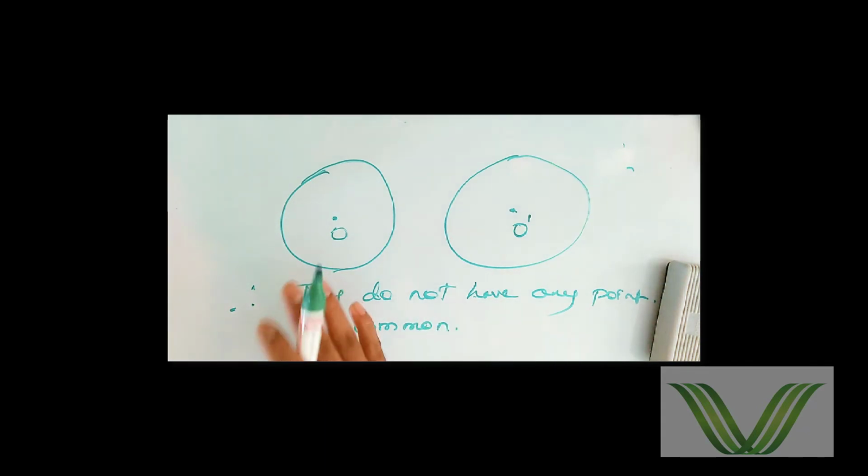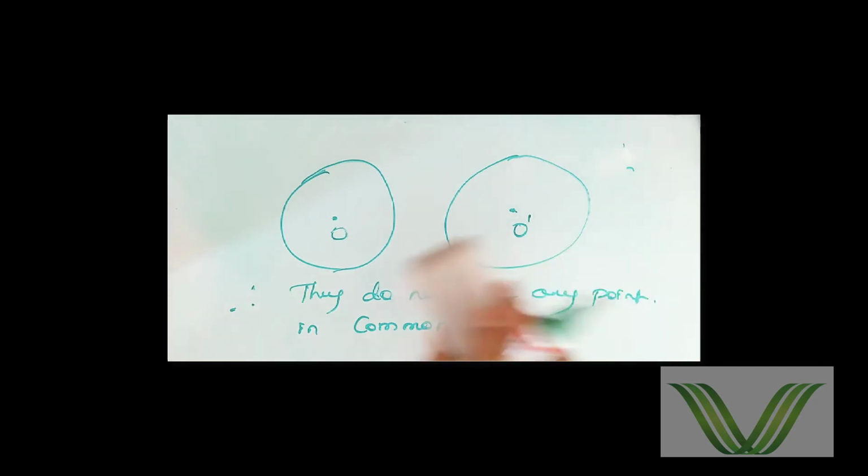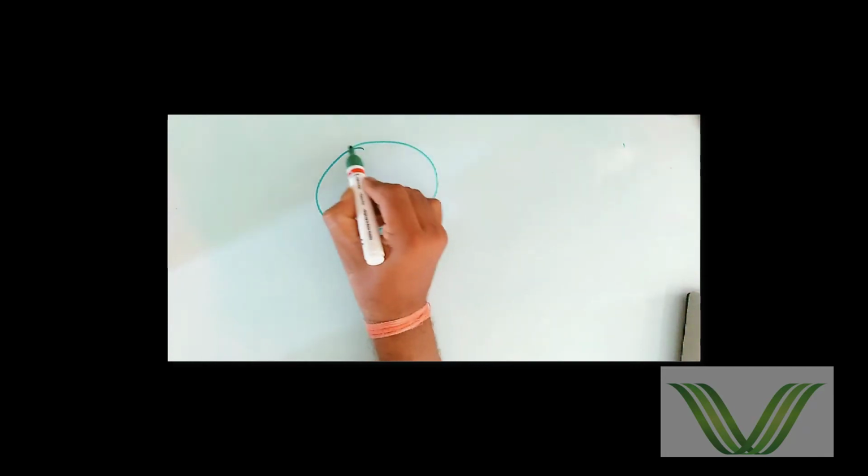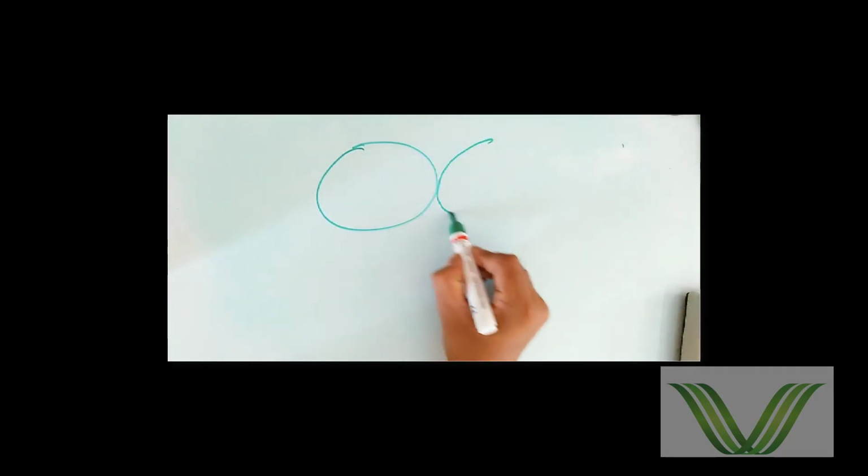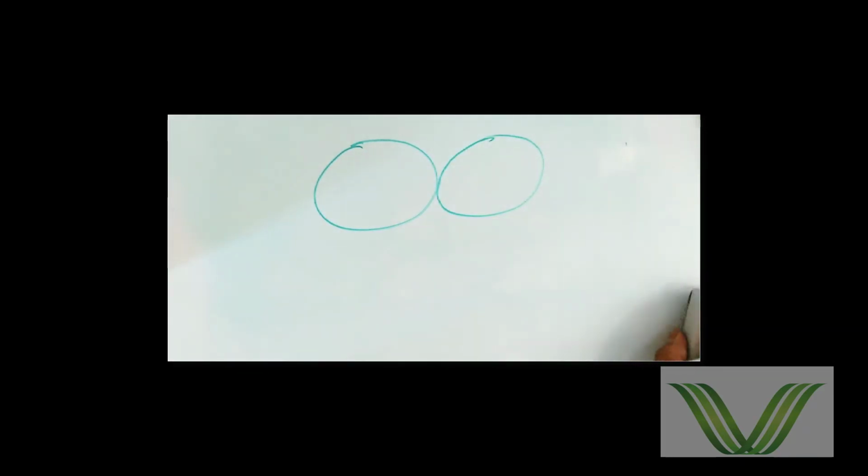Because they are separated, when they are separated they don't have any common point, right? Now the same two circles are collided, they are touching each other.